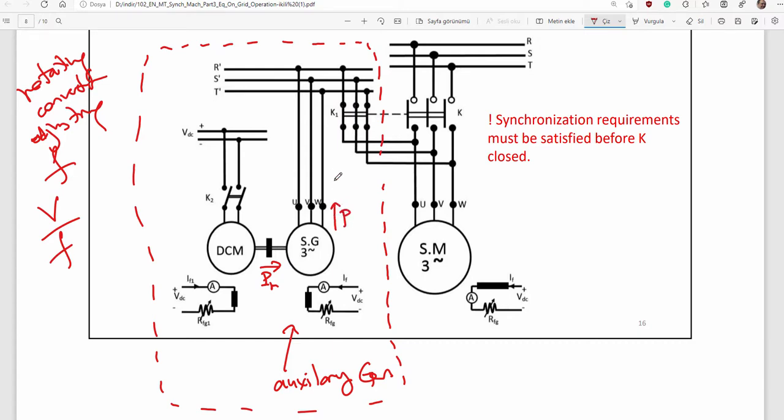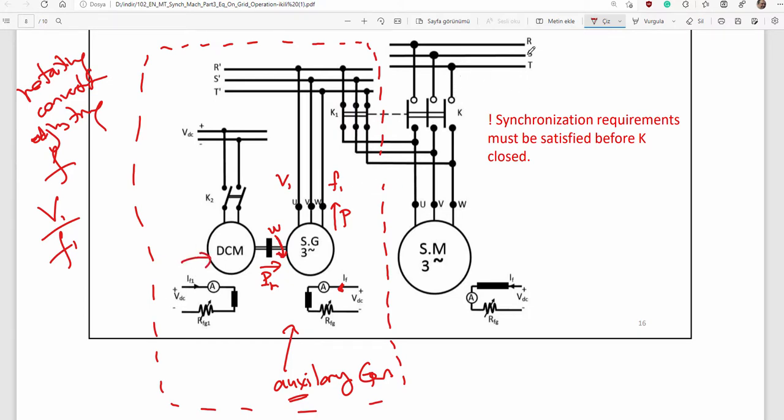That electric power's parameters, frequency and voltage, will be adjusted by field current of auxiliary generator and the speed of auxiliary generator, and you can keep voltage frequency ratios constant in appropriate regions, or you can change frequency easily by adjusting the speed of auxiliary DC driver here.